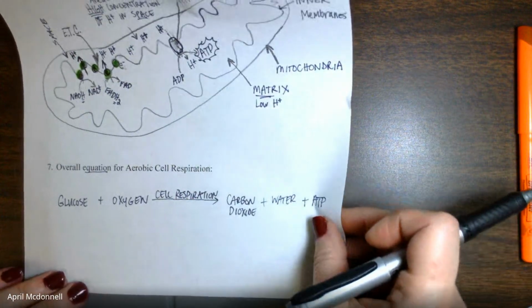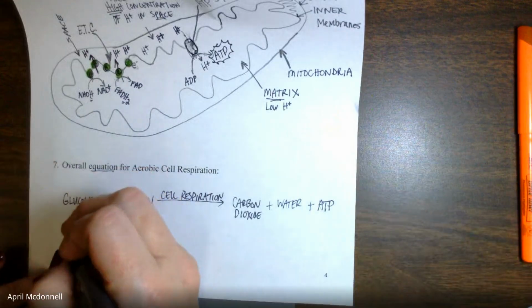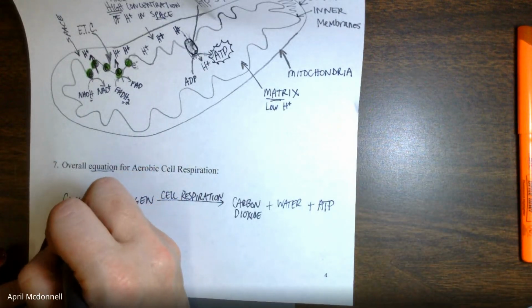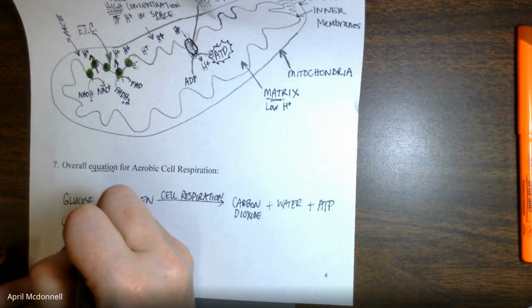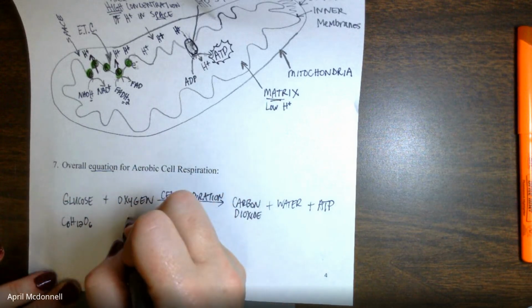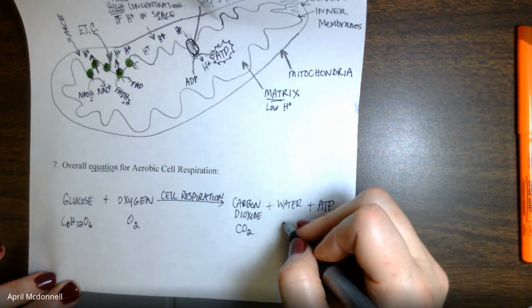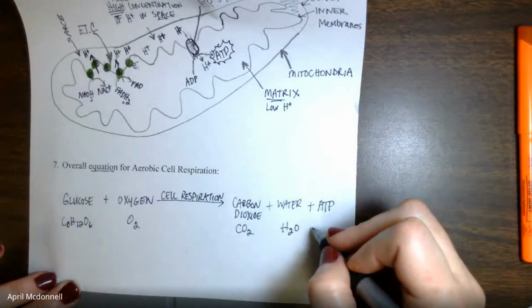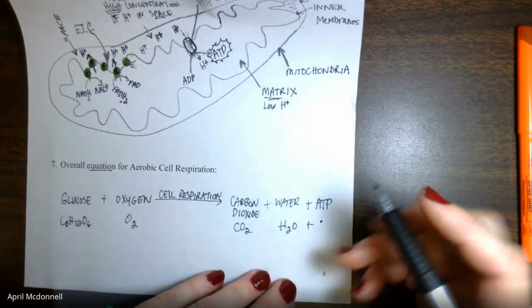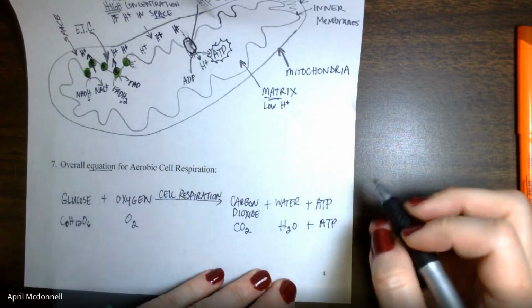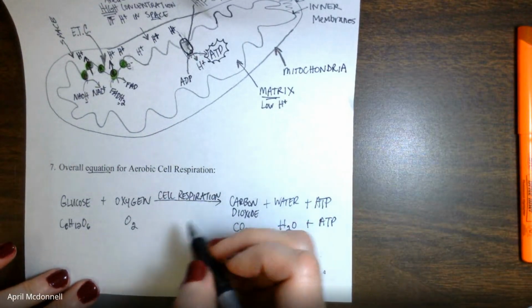Okay, so let's go ahead and add in the molecular formulas for each. So glucose is C6H12O6, oxygen is O2, carbon dioxide is CO2, and then we have plus ATP. So I'm just rewriting the same equation, just adding the molecular formulas.